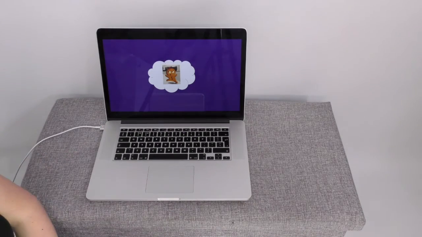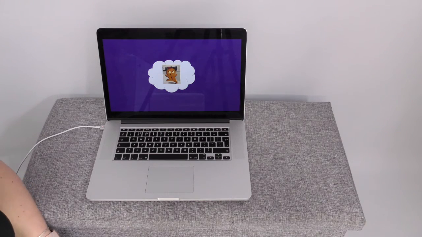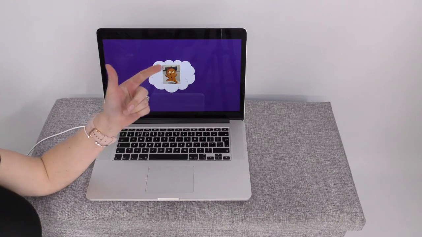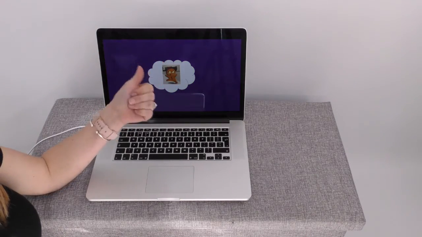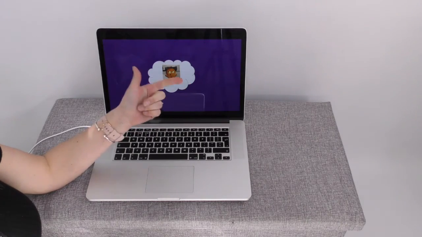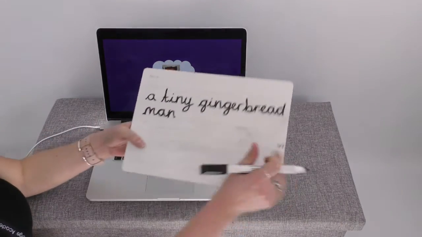My next one, I want to use 2 adjectives in it. I want to make it an even more interesting expanded noun phrase. So I'm going to use the tiny golden gingerbread man. Okay? So I need to count out my words.